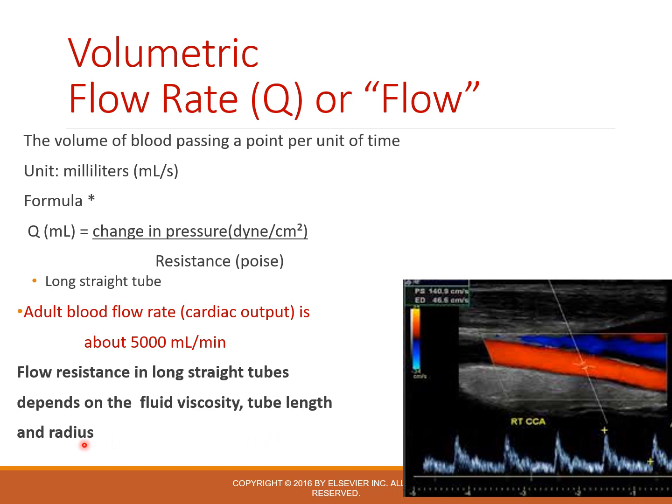The larger our radius, the less friction we're going to have with the walls, because a lesser percentage or ratio of those cells would be interacting with the wall. So that larger radius, or larger diameter, is going to have a decrease in friction, which would cause a decrease in resistance. Now, if we look at how all of these, the length of the vessel, the viscosity, and the radius, affect it, the one that is going to have the most significant effect is going to be the radius.